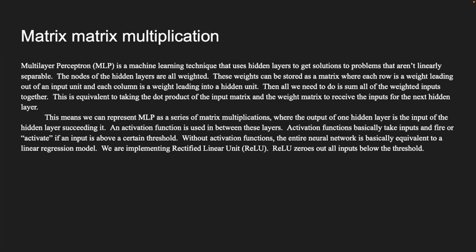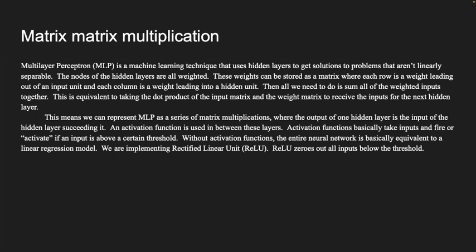The basis of our project is that we're using MLP, multilayer perceptron, as a mapping to basic matrix multiplication, which is a known problem in FPGAs that we already know how to do. The way this works is that the weights of the multilayer perceptron are stored as a matrix, and each row is a weight of a leading input, and each column is a weight leading into a hidden unit.